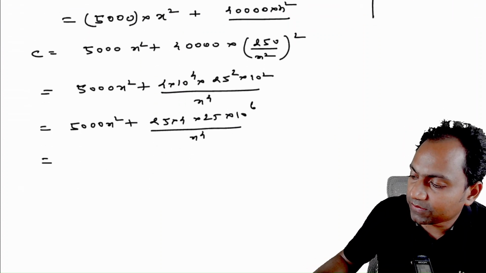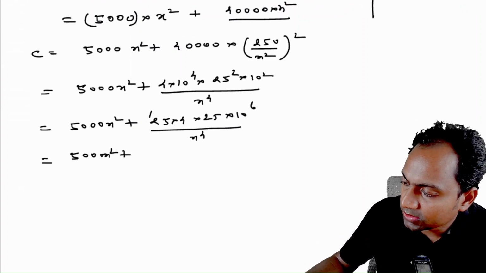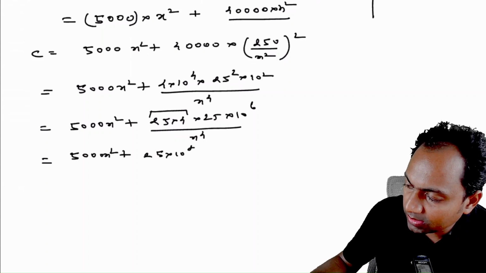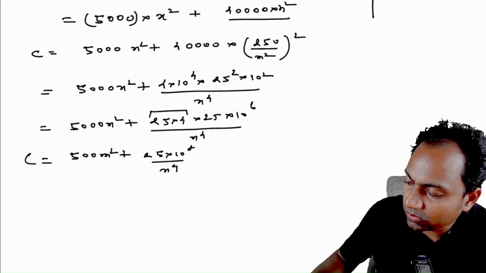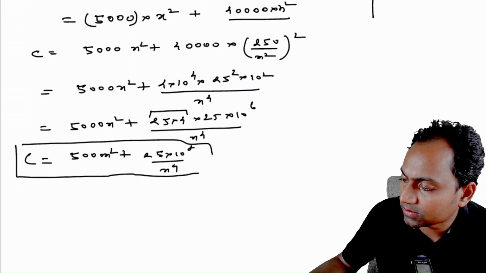If I simplify it further, it becomes 5,000 x square plus, this will also become 100, so we have 25 into 10 raised to the power 8 by x raised to the power 4. So we have got the costing function in terms of only one variable, that is x.